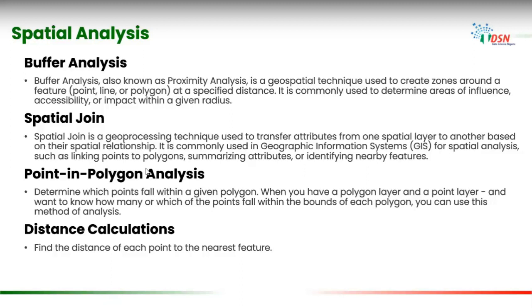If a factory is within a particular polygon, the analysis shows that this facility falls under this particular local government, and within that local government we can say this facility falls under this ward. Point in polygon analysis helps us understand that better.